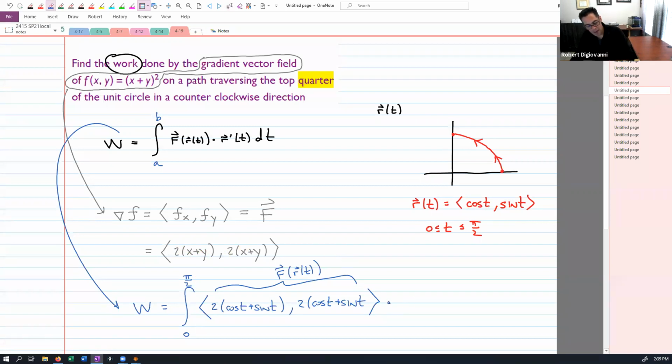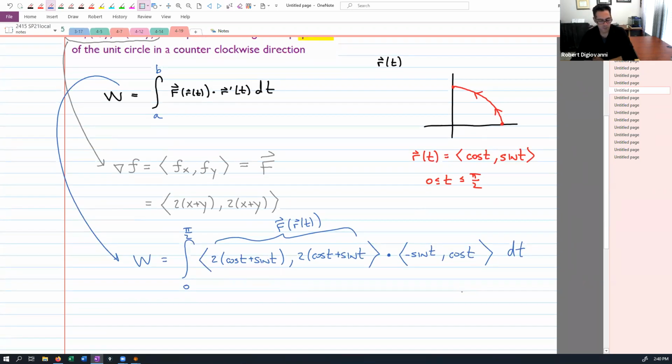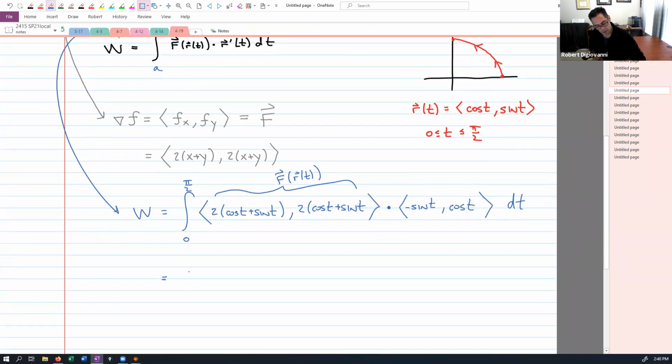Then we want to dot that with another vector, dt. That vector is r prime of t, which is the derivative of this, which we know is negative sine t, cosine t. Integral, dot product. When we do the dot product, we multiply those two together, and then multiply those two together and add them up.